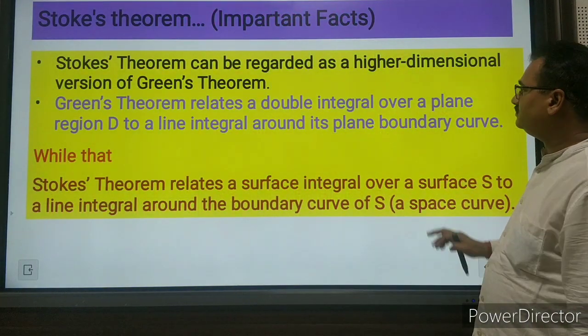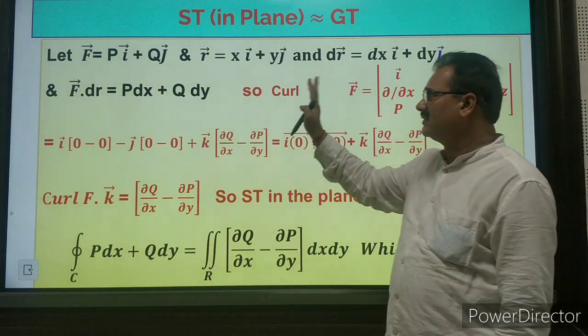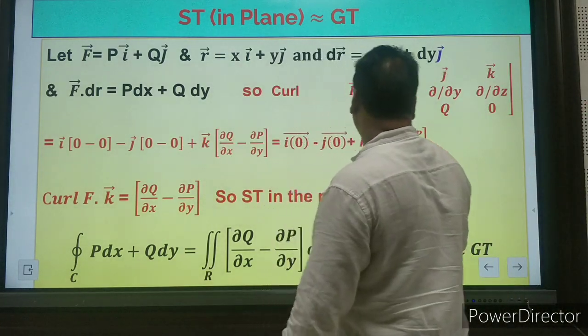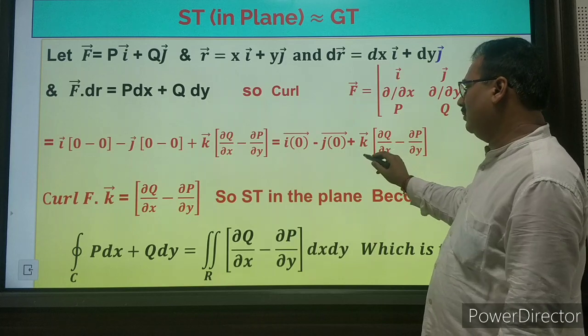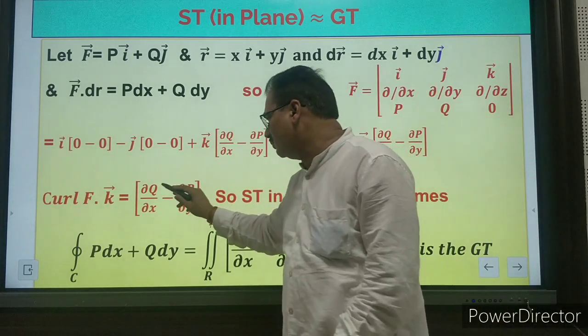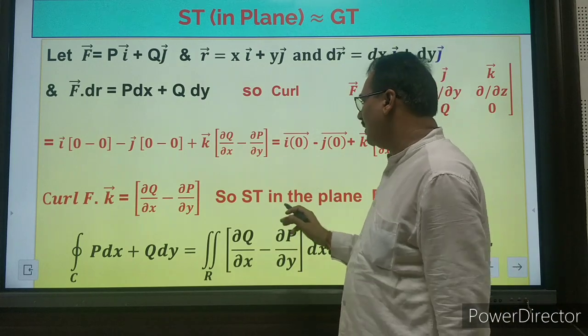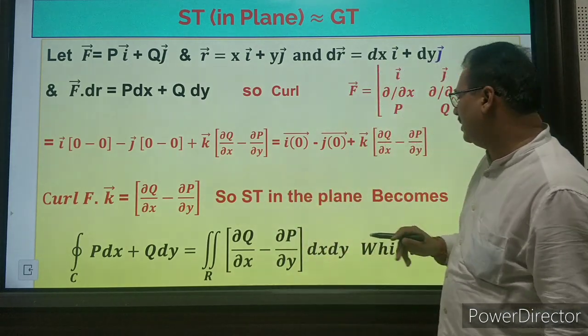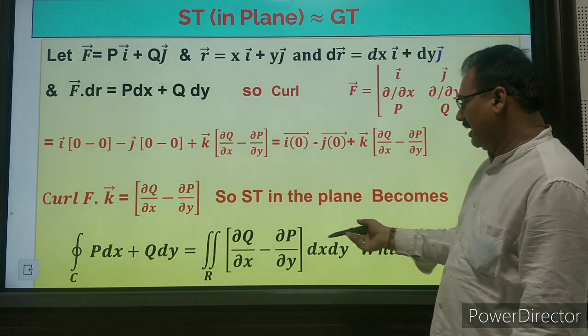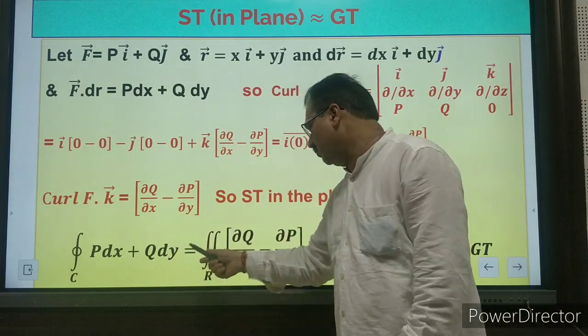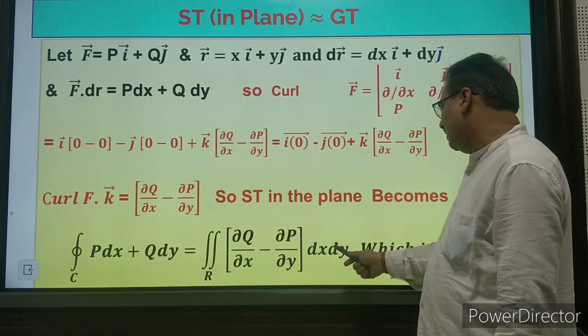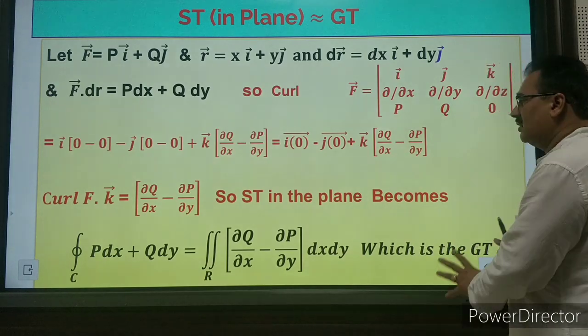As we have already discussed in the previous PPT, you will get curl F equal to del Q by del x minus del P by del y. So Stokes theorem in the plane becomes: the integral of P dx plus Q dy equals the double integral of dx dy, which is Green's theorem.